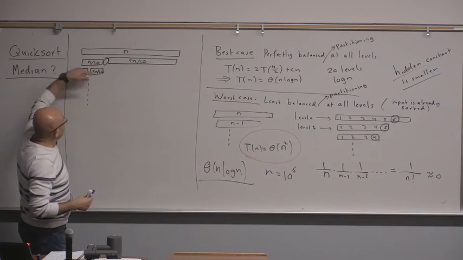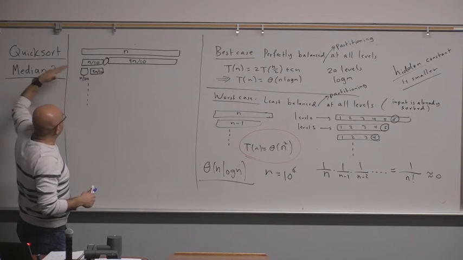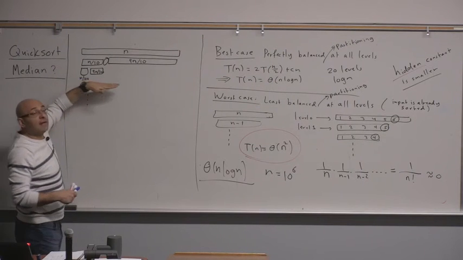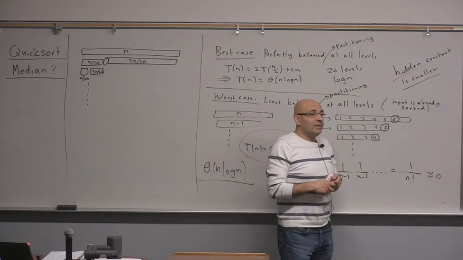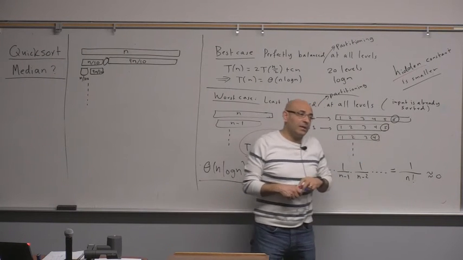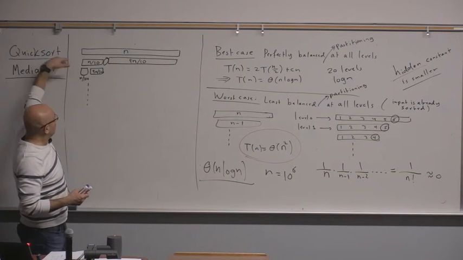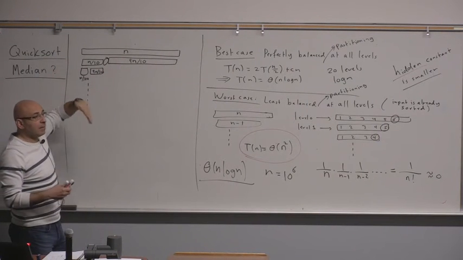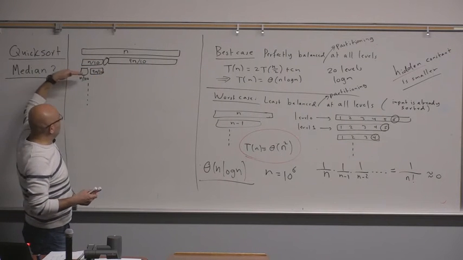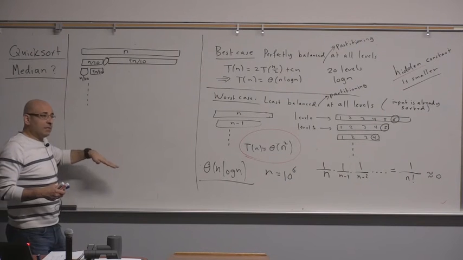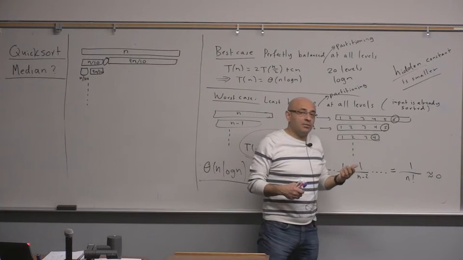But we are studying this as an idealized case that we can analyze. Because if the split is going to be different at each level, that's a hard case to analyze. So we are assuming that at each level, the split will be unbalanced, and that the same split will happen at all levels in order to simplify the analysis, to make this easy to analyze.